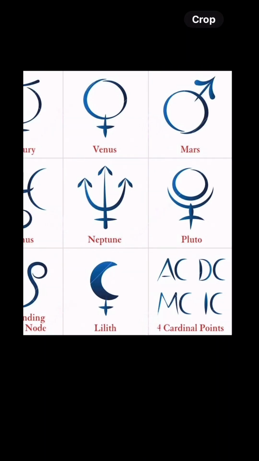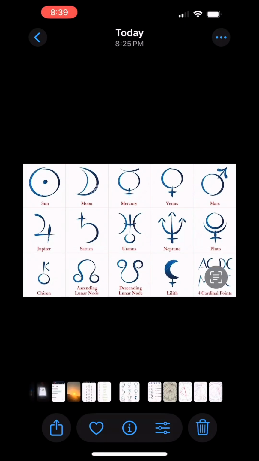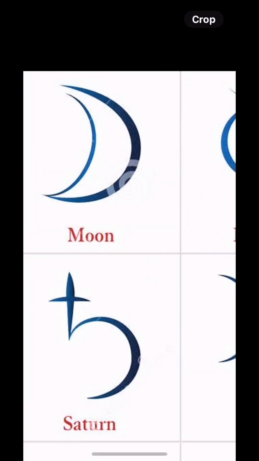So, these are planets, symbols on your chart, what you're looking at. The planets are within you. Sun, soul, moon.